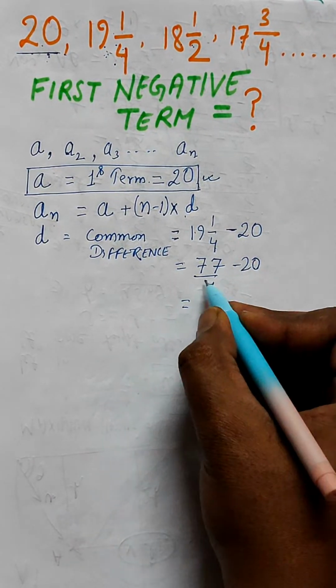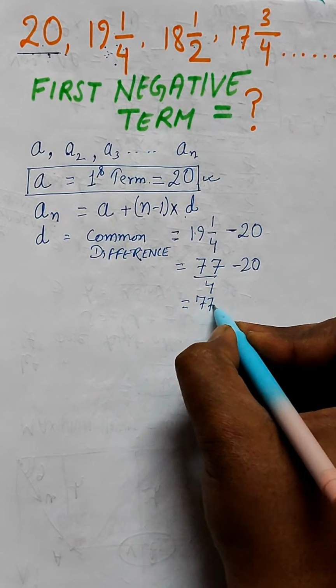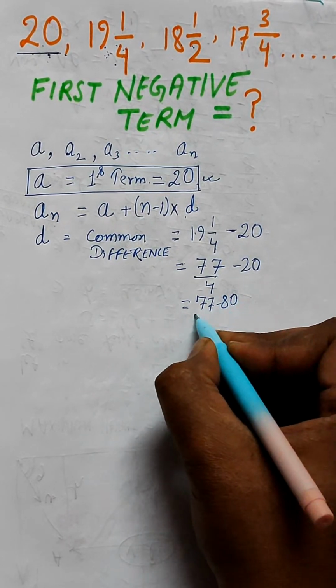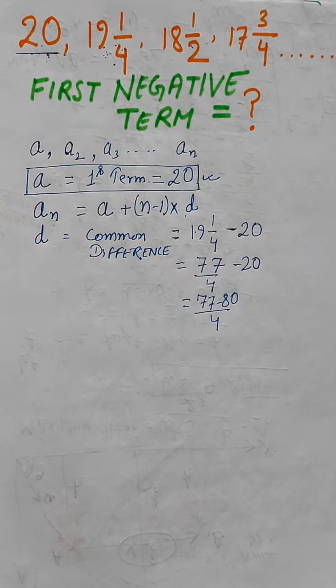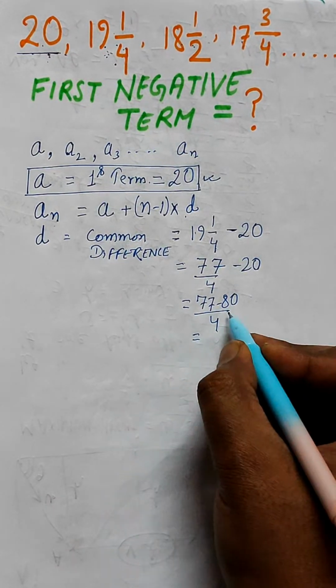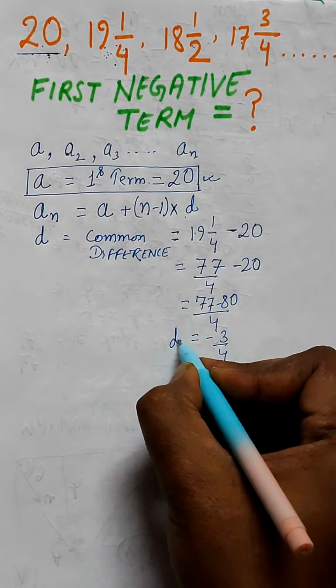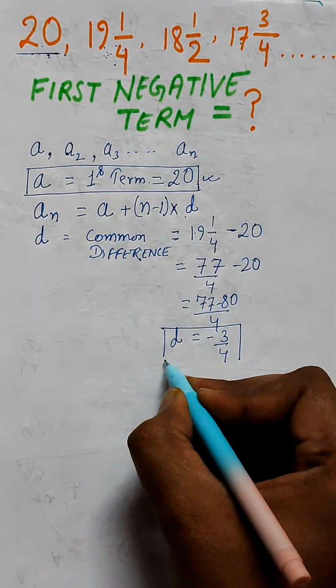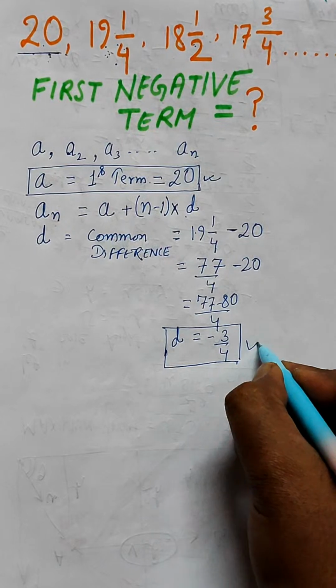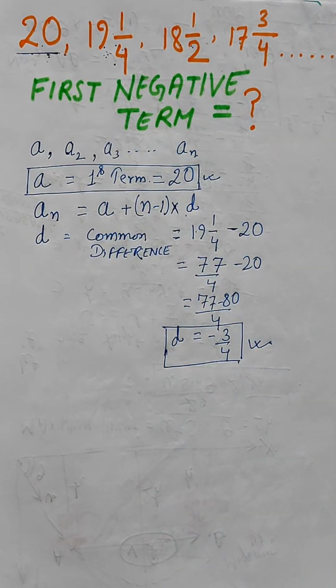So this will give you (77 minus 80)/4, and which will give you minus 3/4. So d is calculated as minus 3/4. This is the common difference, right?